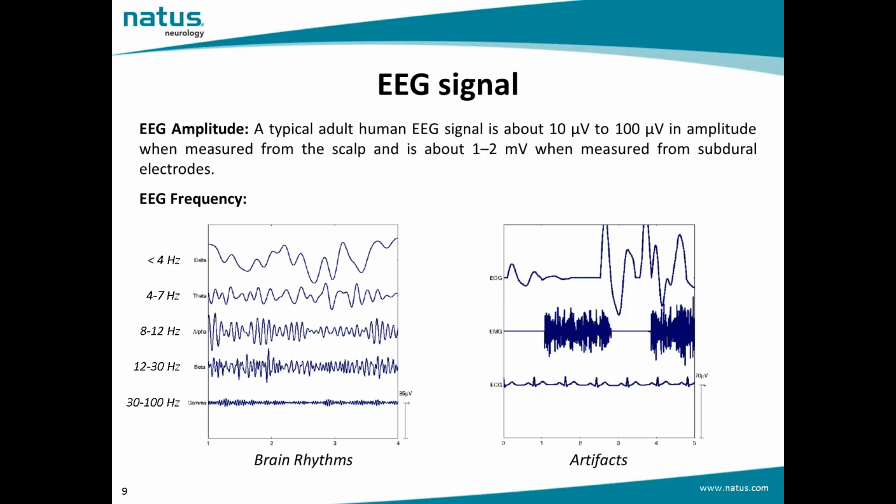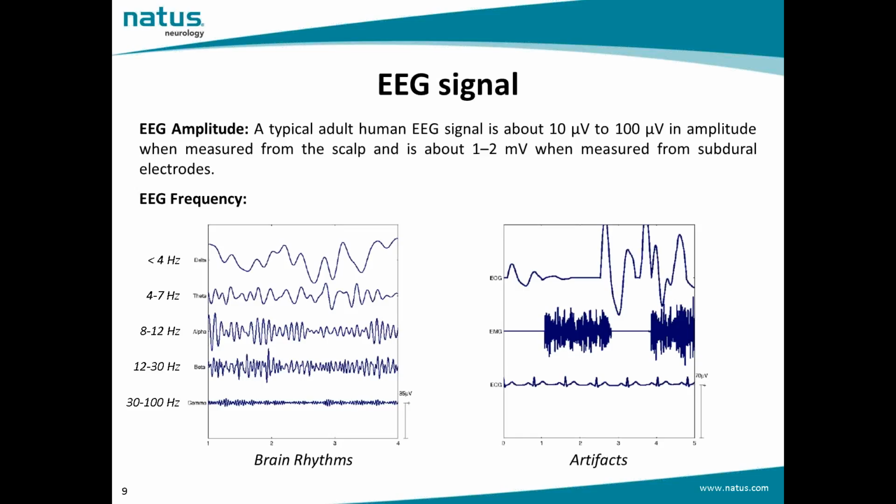The different activity is described by amplitude, frequency, location, for example, frontal, temporal, parietal, and occipital lobe, symmetry, and reactivity. And each of these characteristics has a great importance in the interpretation of the EEG activity.